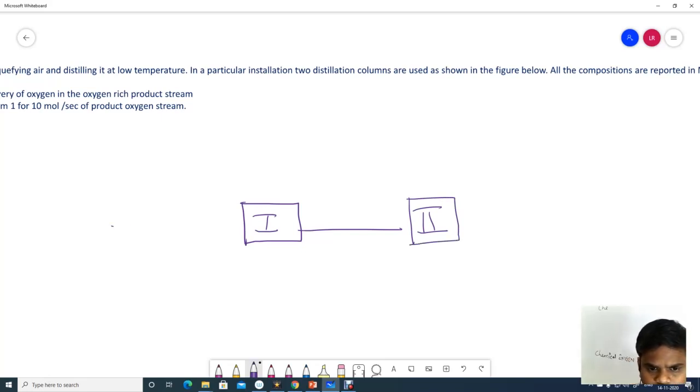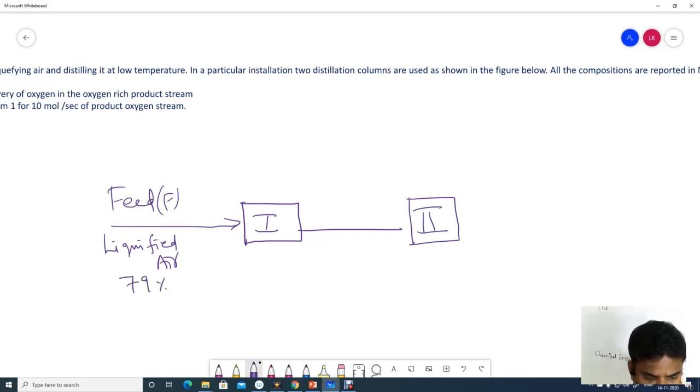So you have a feed, that is liquefied air. I am writing extra here. Okay, this is our feed F. Liquefied air containing 79 percent nitrogen and 21 percent oxygen.